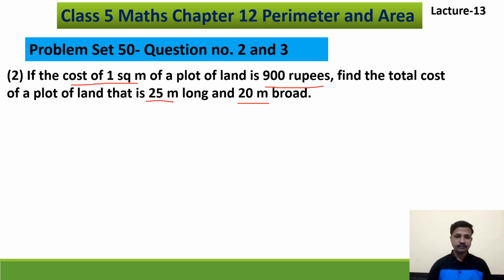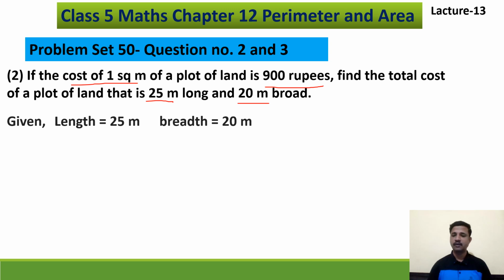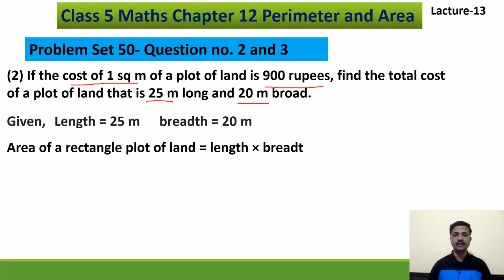Okay, to start, first what is given? Length is 25 meter and breadth is 20 meter. Correct? Area of rectangle equals length multiply breadth. Area of the rectangle plot of land is length multiply breadth, that is 25 multiply 20 meter.